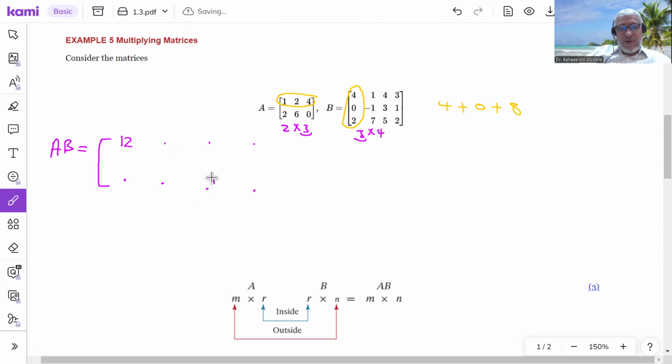Assume that I need to find this number. What is the position of this number? Second row, third column.